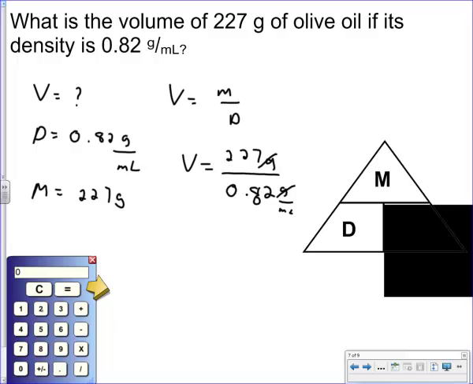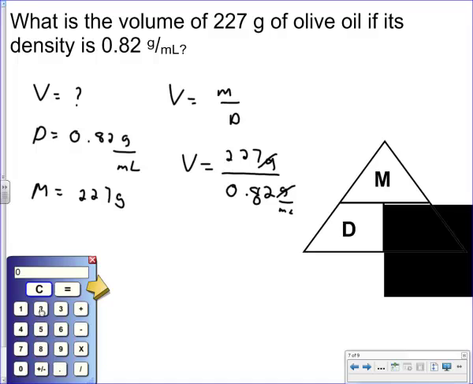So if I take 227 divided by 0.82, I get a volume of, that does not seem right, so let's try it again. 227 divided by 0.82, I see what happened.